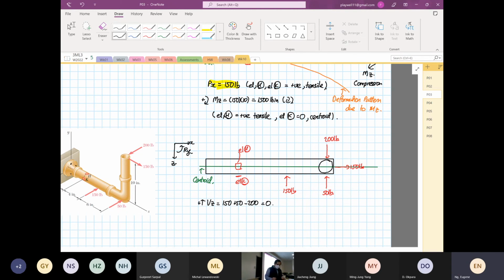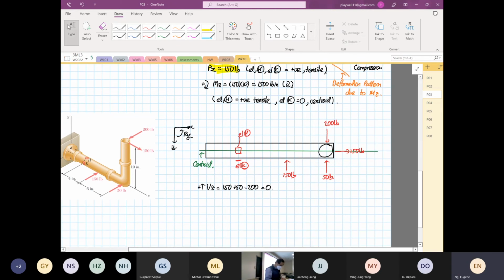Then the next one we are going to look at is moment in the y-axis. We are going to take moment at point H or point K. This is where I draw the cross, where we're going to take our element, or on this line, this is where we're going to take our moment.